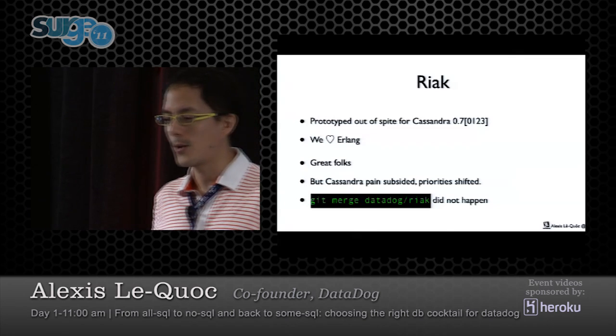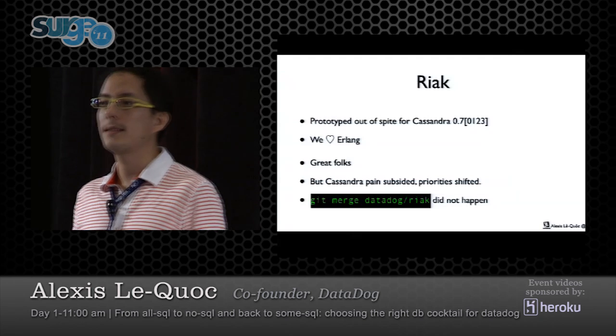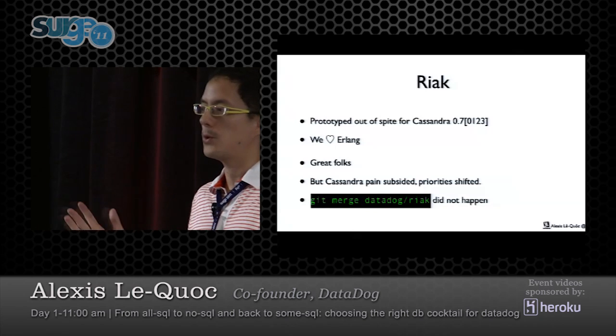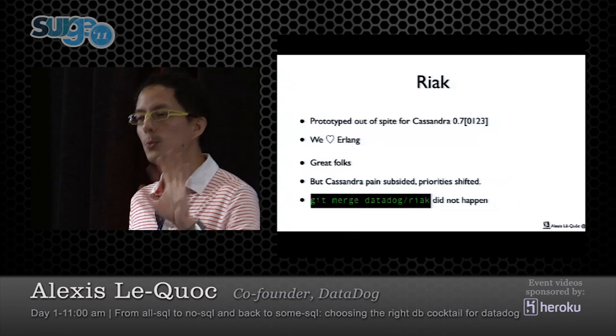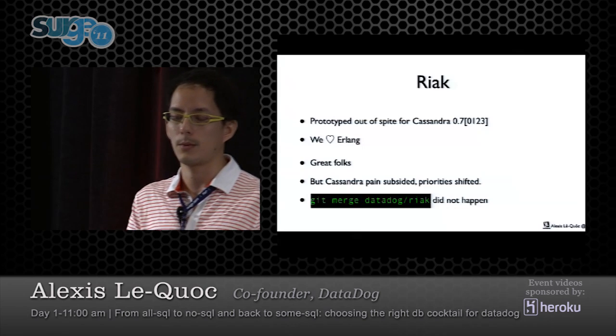But we were at the point where we were going to do the switch, and in the end it was like, okay, let's do one last release of Cassandra and one upgrade. And that was the one that made the worst problems go away. So we ended up never merging. To this date, our Riak use never left prototype. But I think if we were to start again, we might start from there.